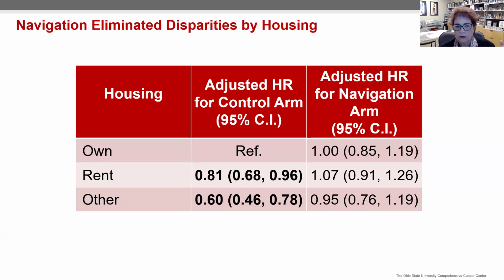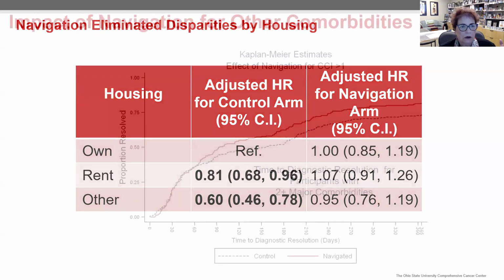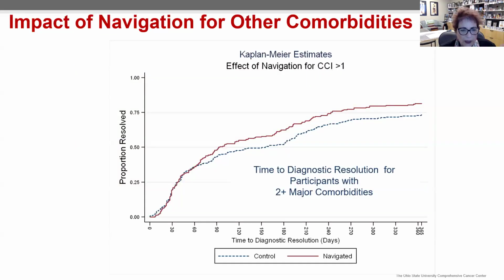We eliminated that disparity in the navigation arm. Here's a look at if people have comorbid conditions, other health conditions. I put that up at the first as one of the barriers that people have to coming in. And again, here you can see that the bottom line is control, and this other line is navigated.